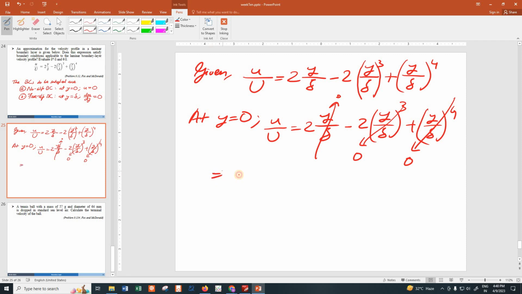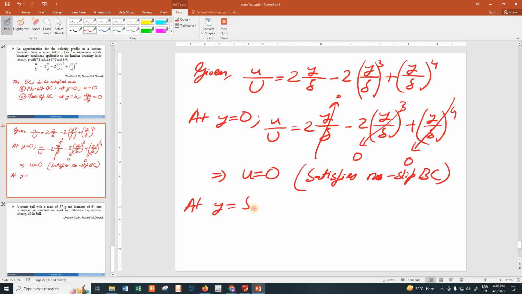So u is equal to zero, which satisfies the no slip boundary condition.